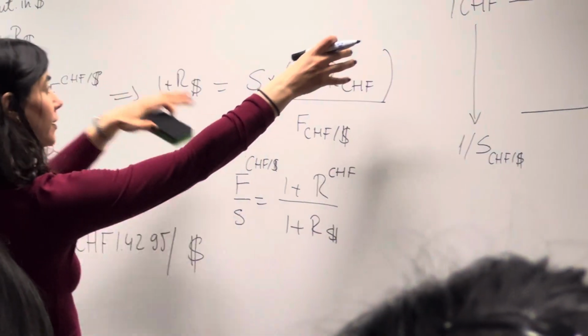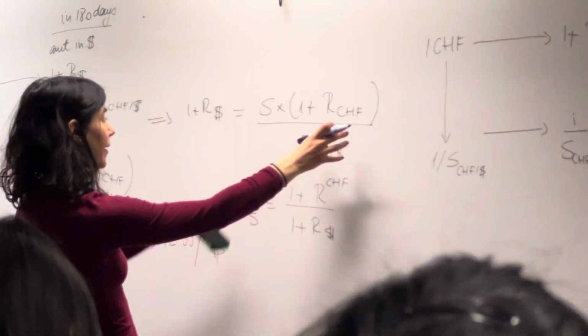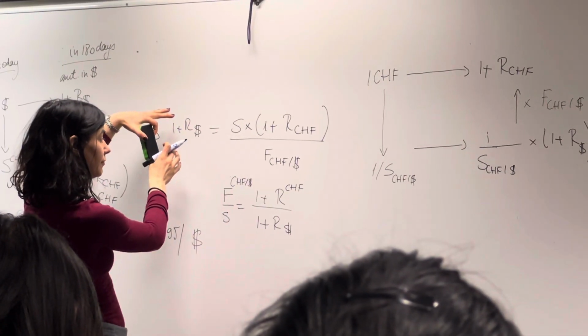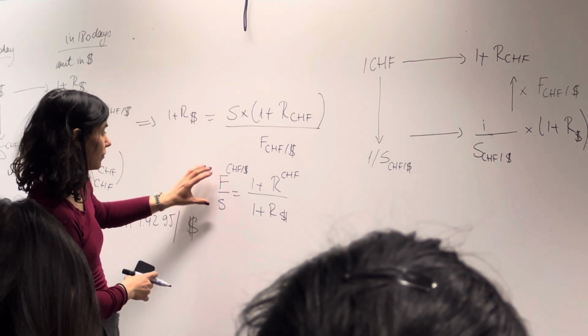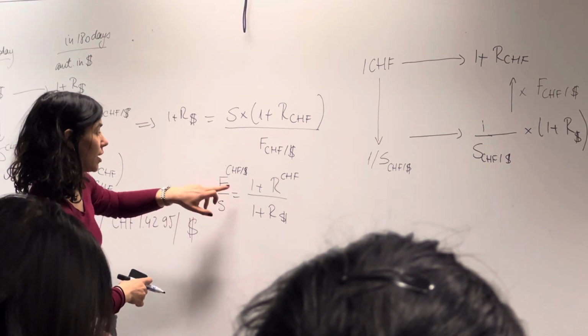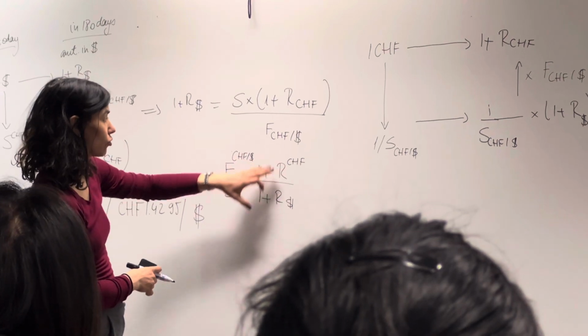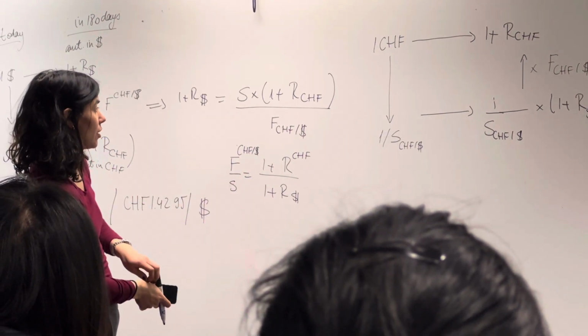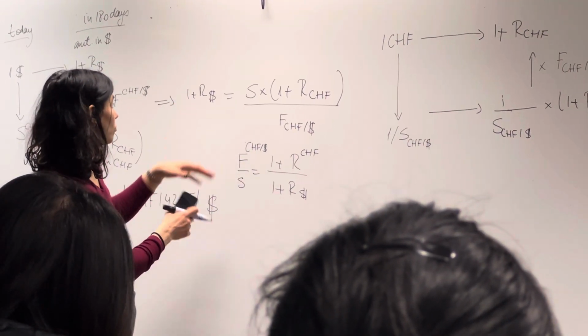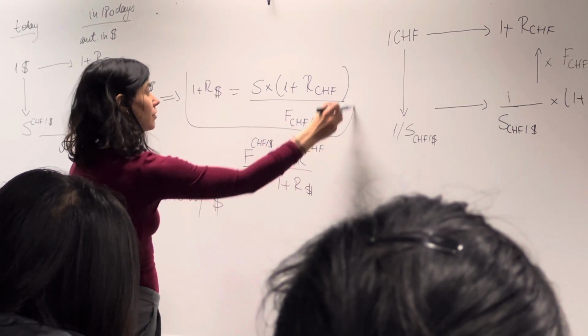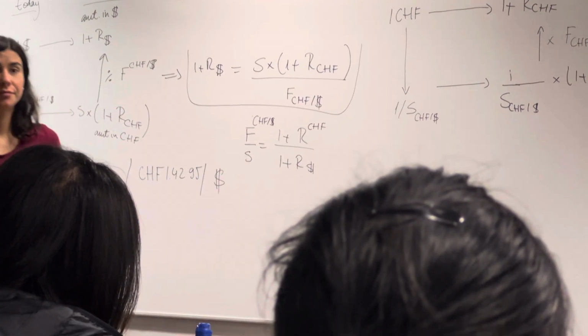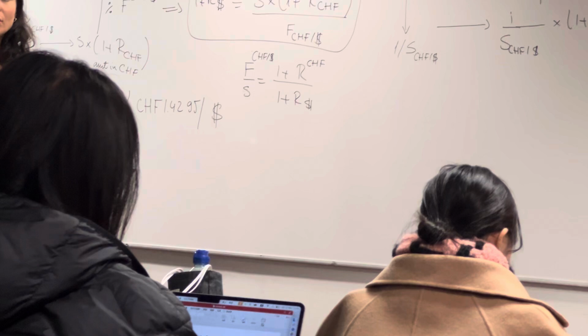We bring this here, and then bring this to the other side. So we have the ratio of the forward and the spot rate, and the ratio of the two interest rates. If you want, you can do that, or you can just derive it and work based on that.